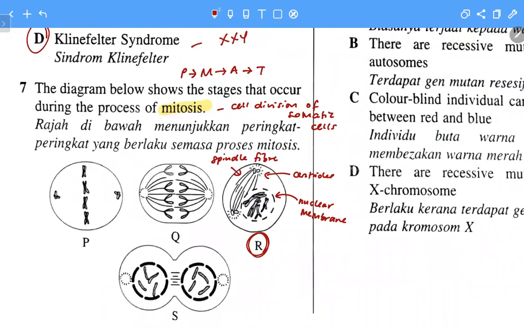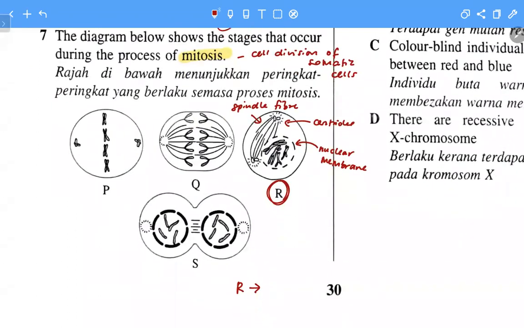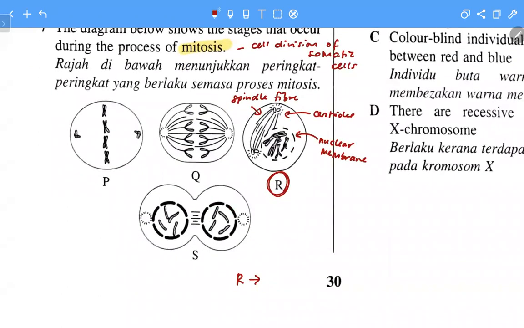So next one we look into is M, right? M is metaphase. How will you know which is metaphase? Very easy. I always tell you metaphase is when you see all of the chromosomes aligned in one straight line, P, right? All of these chromosomes are aligned in the middle in one straight line. We know that now this is metaphase. So we have R going to P. After that there will be anaphase. Anaphase is when the chromosomes are dragged to opposite poles, which is Q. See, right? They are dragged to opposite poles.